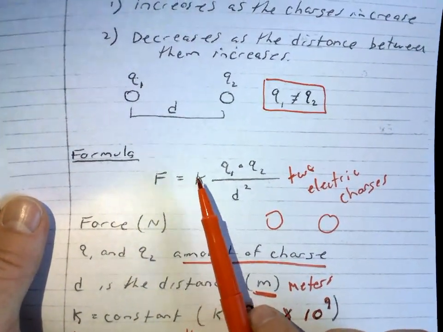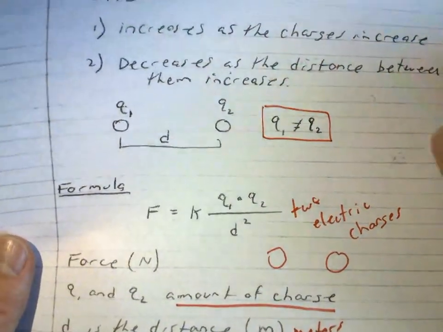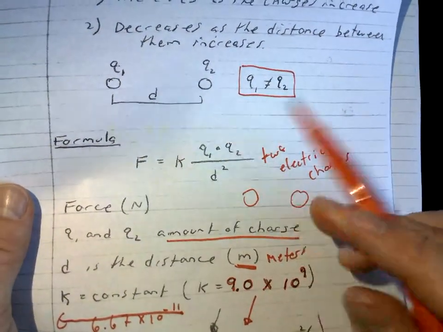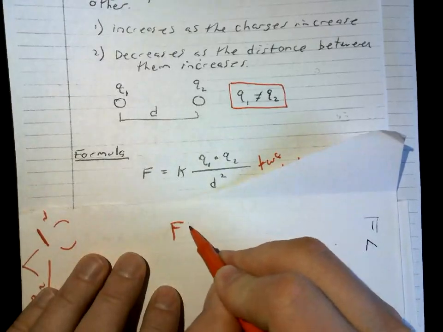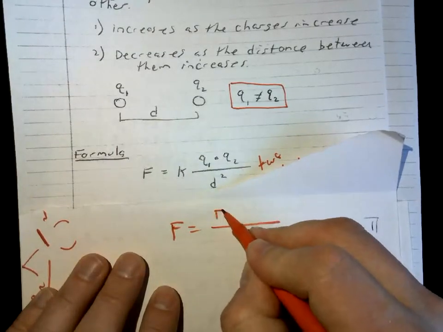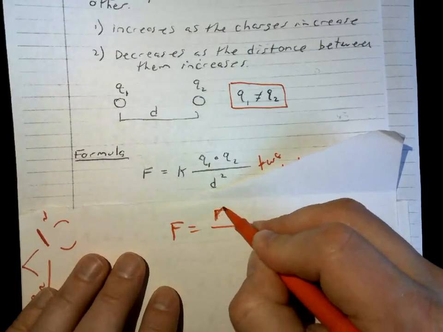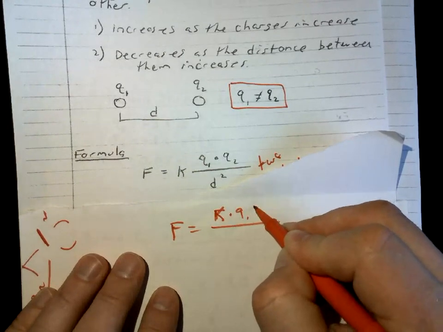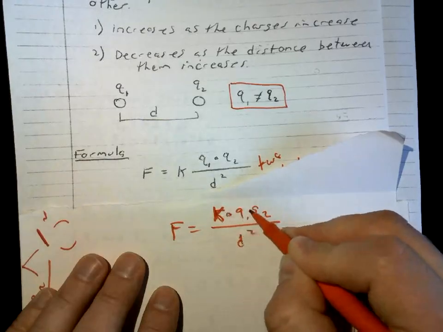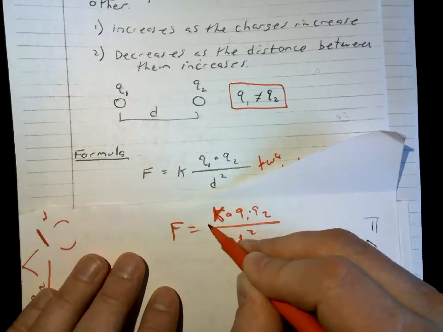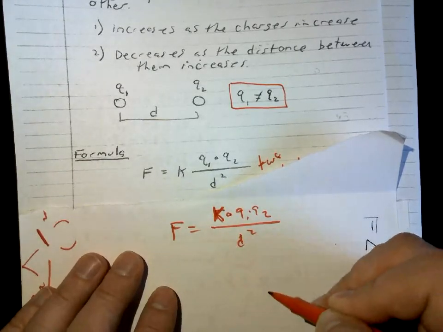So that's F equals k. By the way, a lot of students get kind of freaked out with this k because they don't know what to do. But if you go back to it, you can do it this way: k times Q1, Q2, and then over D squared.